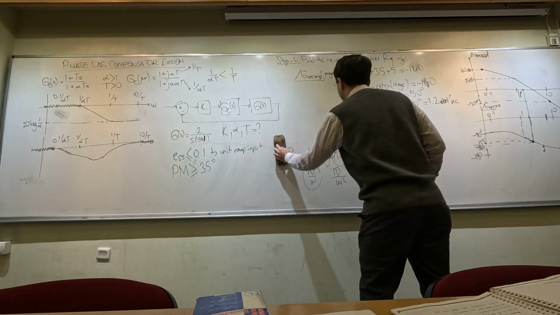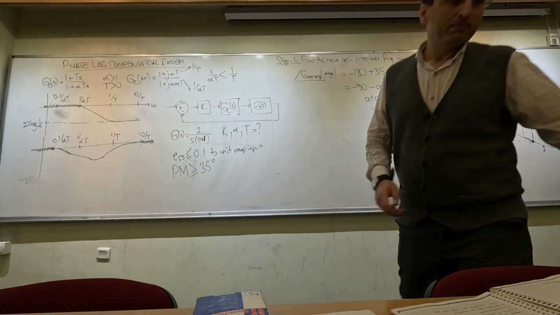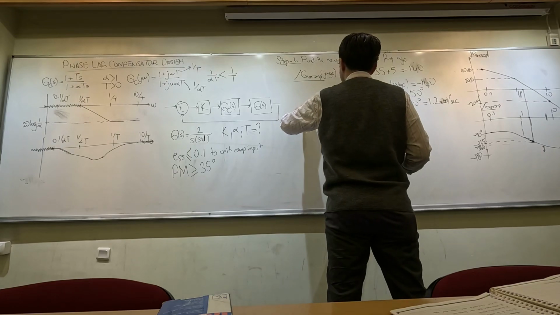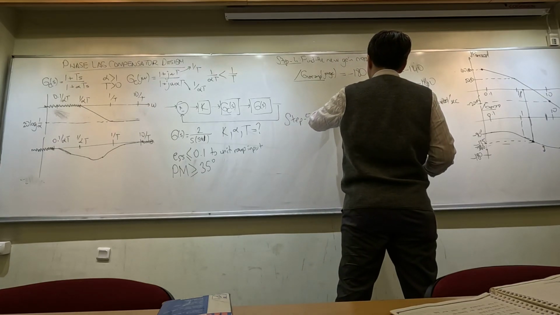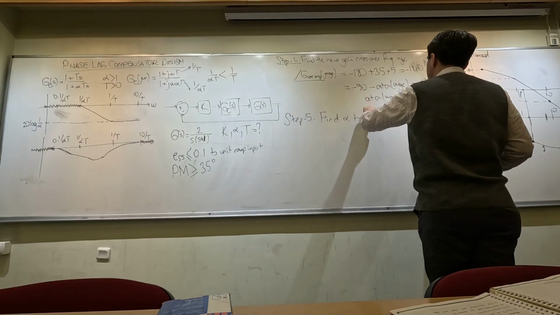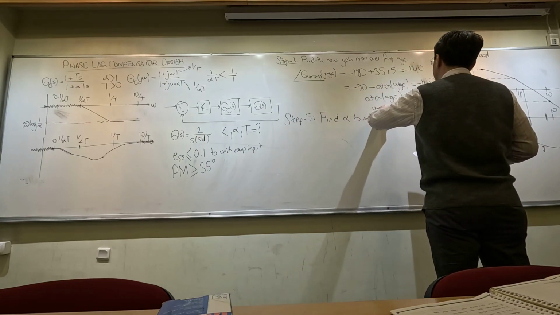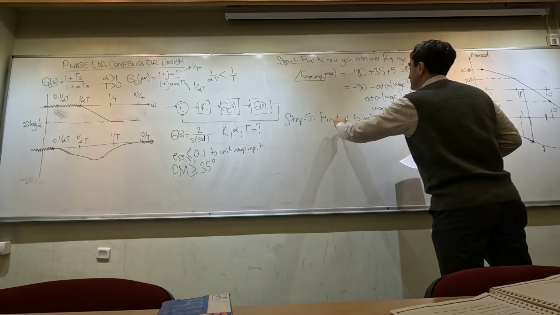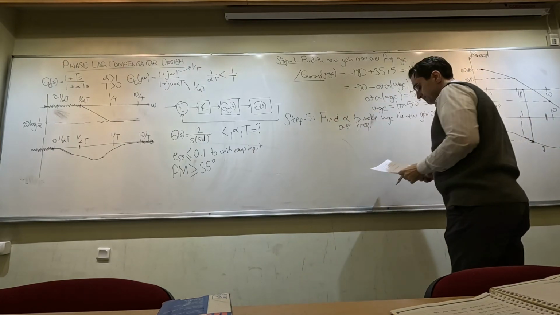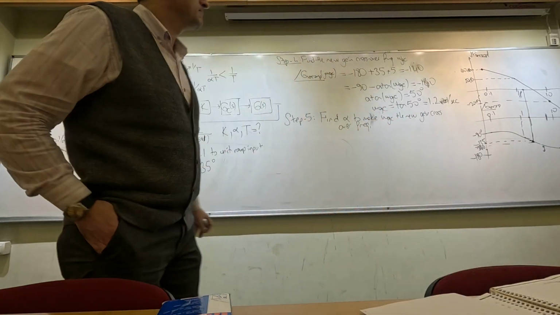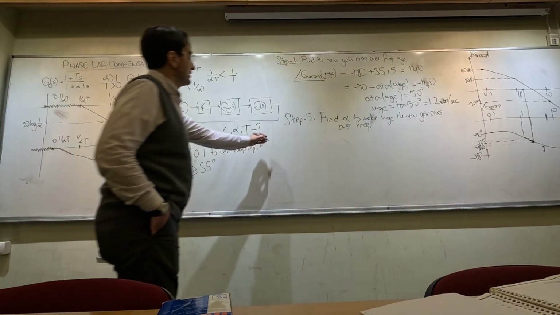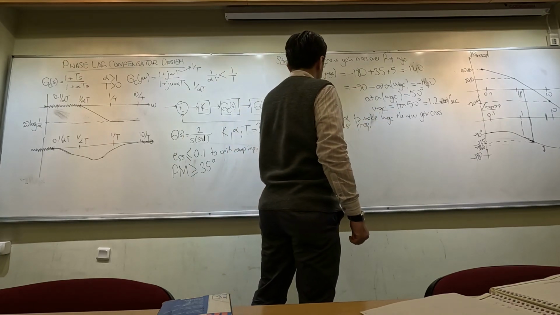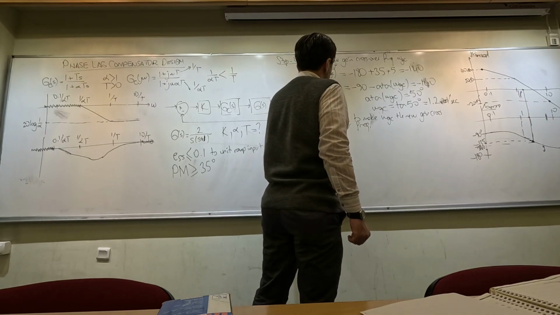So now let us look at step 5. Find alpha to make omega GC the new gain crossover frequency. So here G uncompensated of j omega, which belongs to that Bode plot, is 10 over j omega times 1 plus j omega.